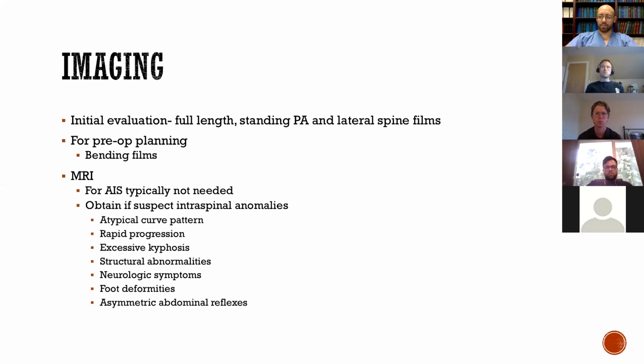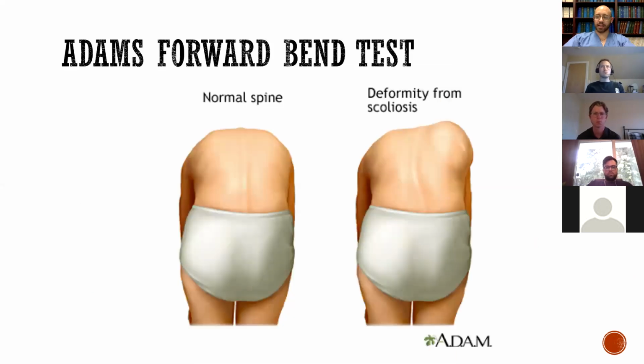Jason, just going back to the Adams forward bending test. So 7 degrees on that test equals about 20 degrees of coronal plane deformity. Yeah, that's with that little goniometer that you can use to measure the angulation, where you're looking at the slope of the rib hump as compared to the pelvis.